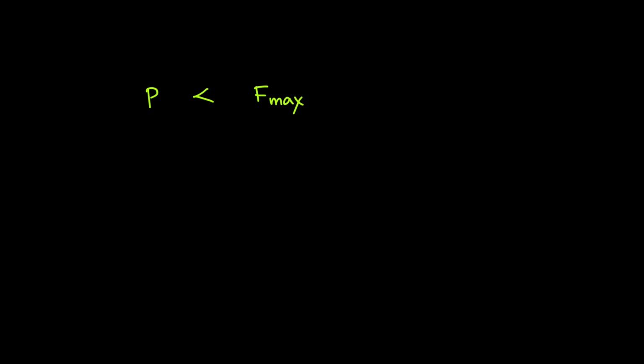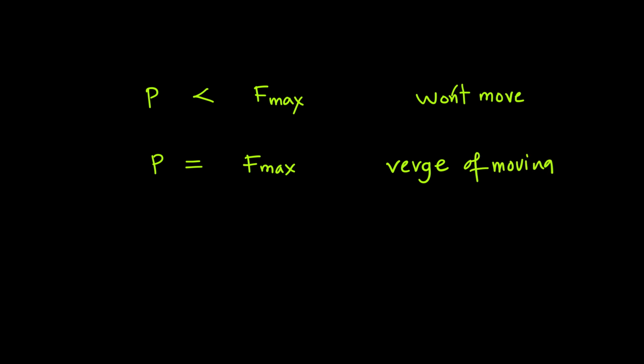So if we simplify this, we can write that if the applied force is lesser than Fmax, that is the comparison that needs to be taken, the particle will not move. If the applied force is equal to Fmax, it is at the verge of moving. This is known as limiting equilibrium. Still, the particle won't move because this is still equilibrium.